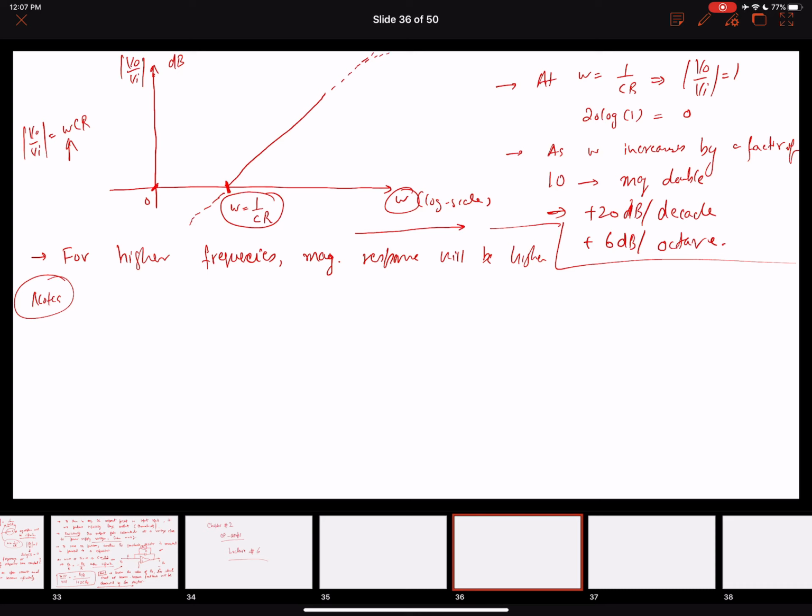So this means that if there is any sudden change in the shape of the input signal, or if the input signal has high frequency components, then the magnitude response will be extremely high, and the circuit will become overloaded or get saturated. Sharp changes in the input signal are usually associated with high frequencies.